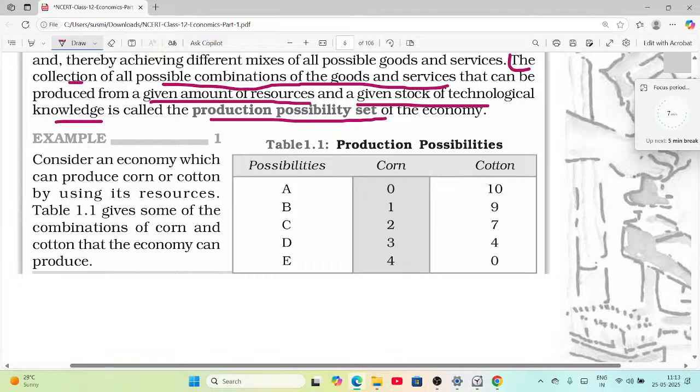As we increase the production of corn, we have to decrease the production of cotton. Consider an economy which can produce corn or cotton by using its resources.